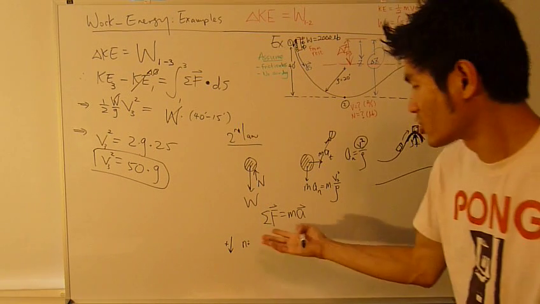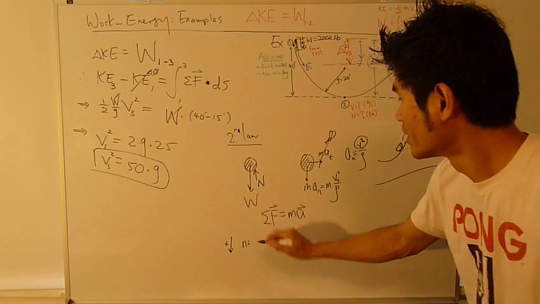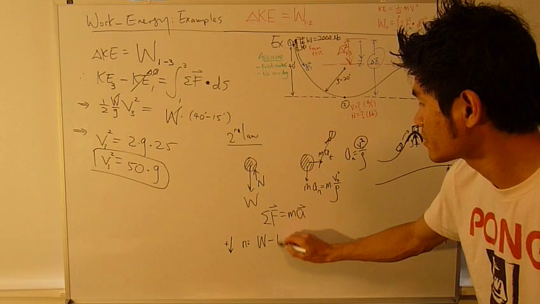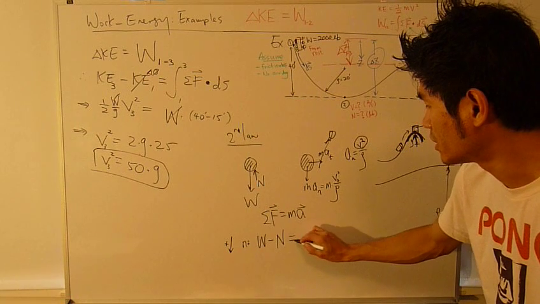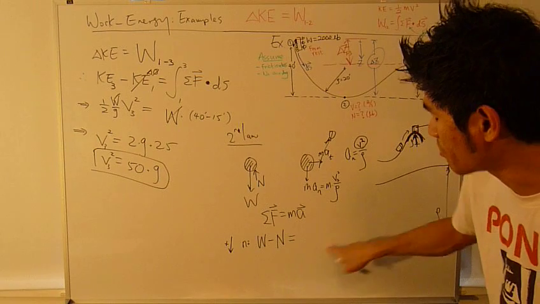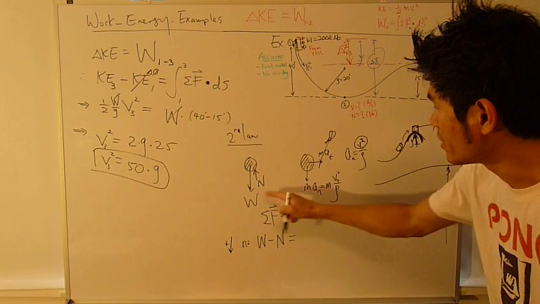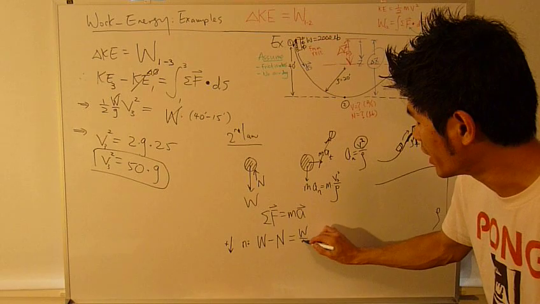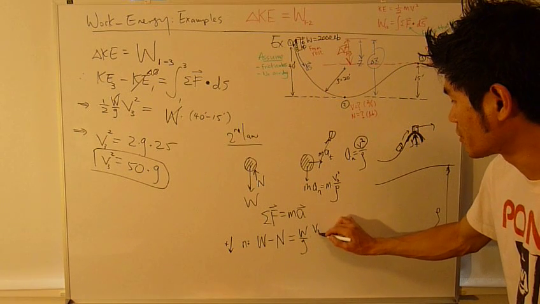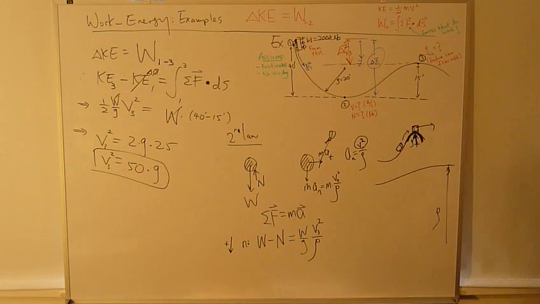You can choose the opposite if you like, it's the same thing. So the left-hand side is weight minus normal force equals ma, and that's positive going downward. So m is weight divided by g times a, which is v3 squared over rho.